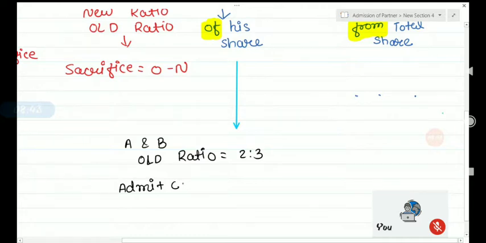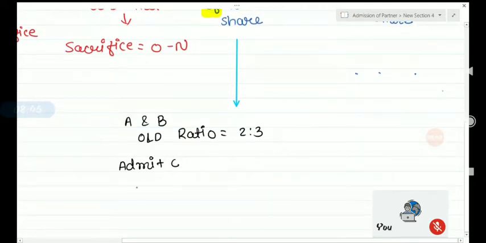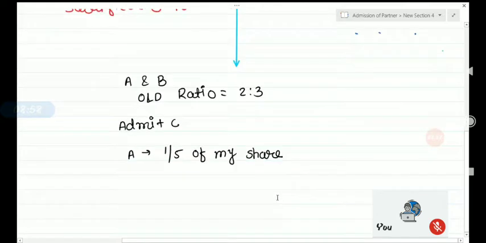No one knows. But A said, I will sacrifice 1/5 of my share. And B said, I will sacrifice 1/8 of my share.